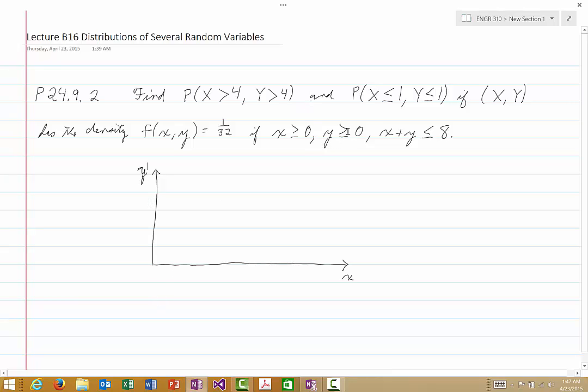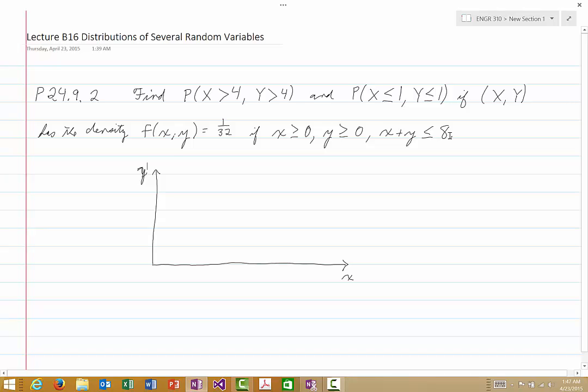And we're also interested in y greater than or equal to 0. So this is the half plane above and including the x-axis. So now we're just talking about this upper right-hand quadrant number 1, including the axes. And then we also want to only consider x's and y's that satisfy the relationship that x plus y is less than or equal to 8.